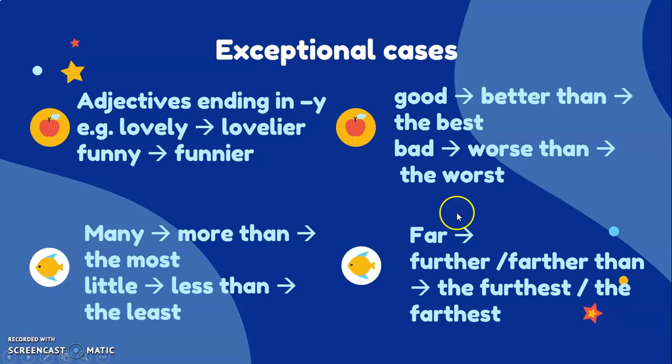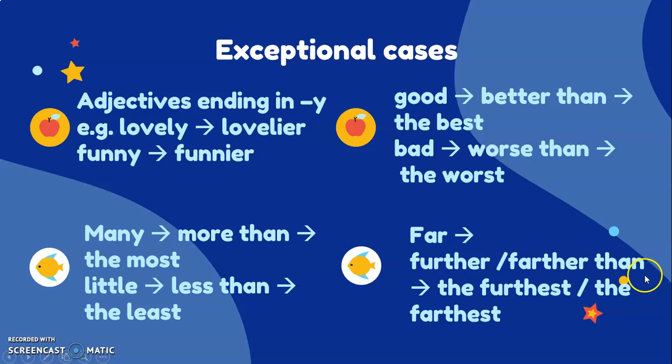Okay? And the last one would be far, talking about distance. Okay, far. Farther, we will change the spelling of the adjective even. So you may choose to say farther than. Some people will spell it like this, further. Up to you. Either one, both are fine.